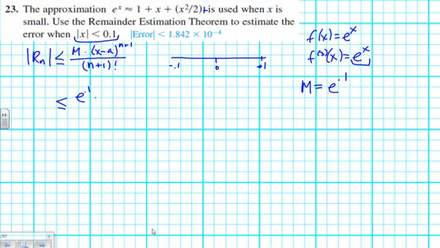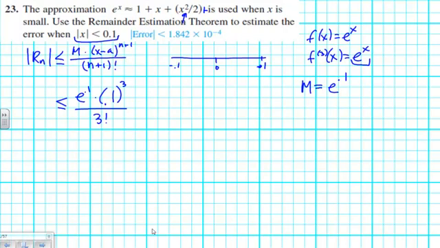Now what value are we going to use for x? The 0.1. So this is going to become 0.1 to the third power, and again, n is 2 because it's a second order polynomial. Right? And then lastly, divide by 3 factorial.